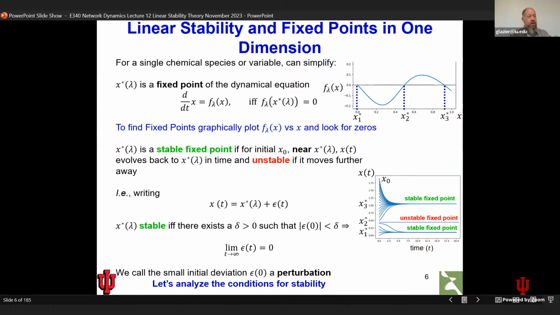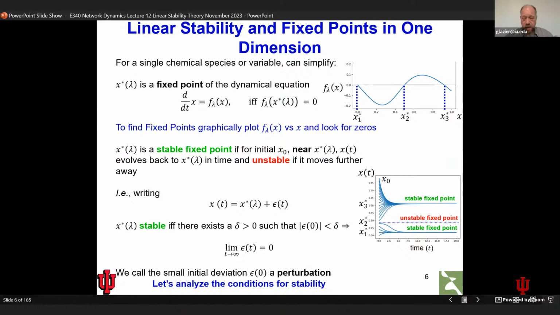Now, we have this word near. We have to start near x star. And there's some mathematical language that says that there's some range, delta, such that for all points within that range of x star, you wind up coming back to x star.